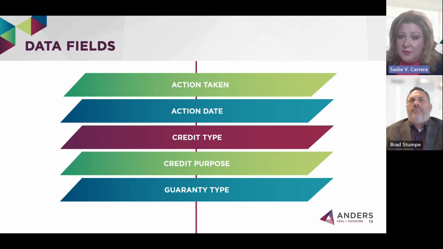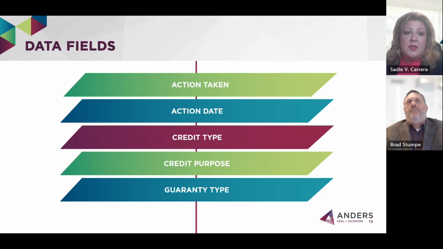They give us 14 different choices to choose from. We can report more than one, up to 3, and in any order. And then under this new rule, they also want to know what guarantee type. There's 13 different choices to choose from for guarantee type, and you can report up to a maximum of 5 guarantees.